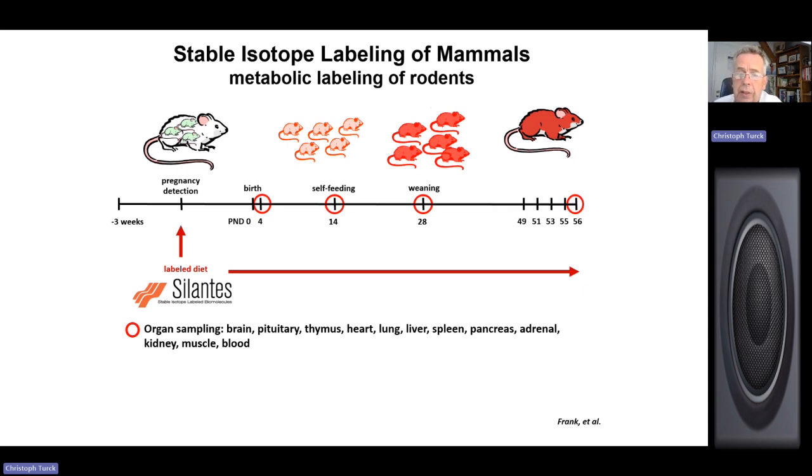And once they're born, they still rely on the mother's milk, which at that point also has 15N labeled bacteria, 15N labeled proteins.